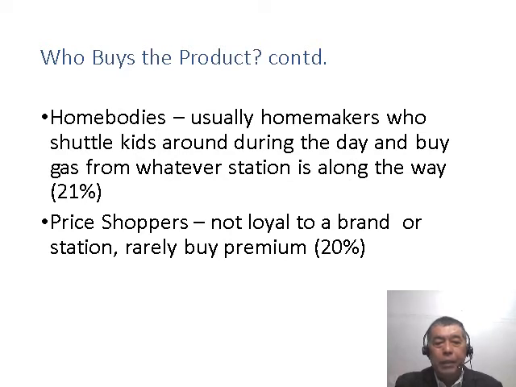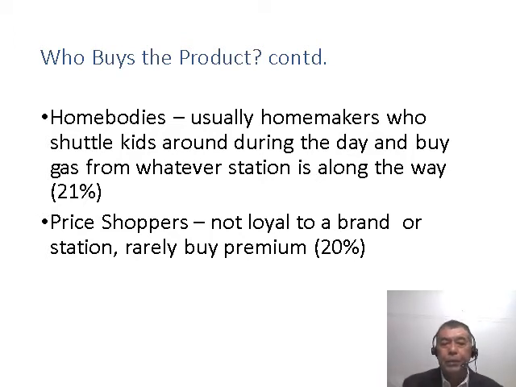The homebodies are usually homemakers who shuttle kids around during the day, and as a regular routine itinerary, they buy gas from whatever station is along the way, which represents 21%.